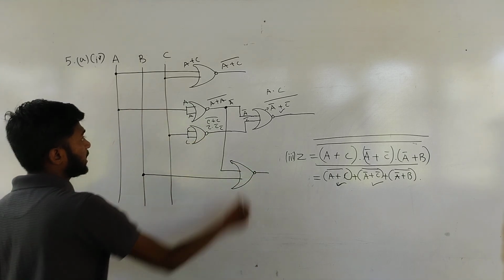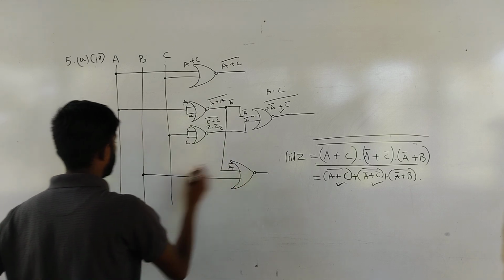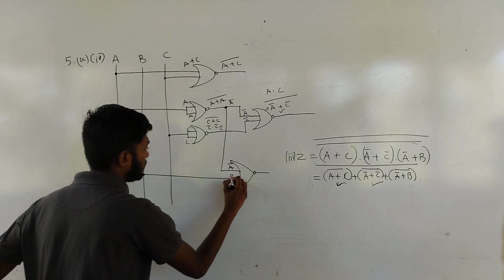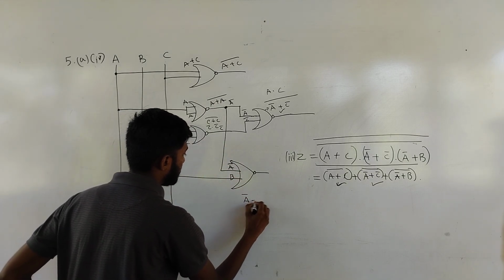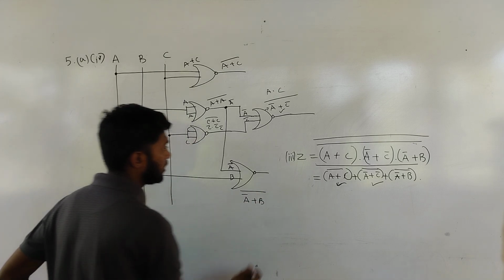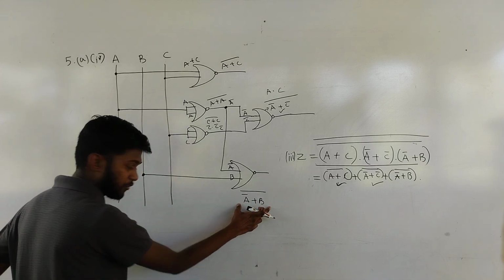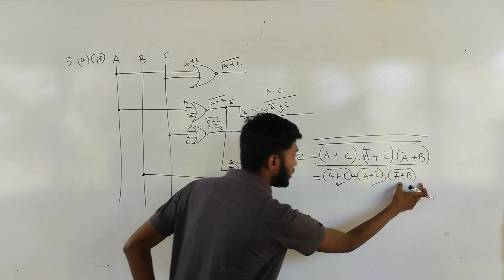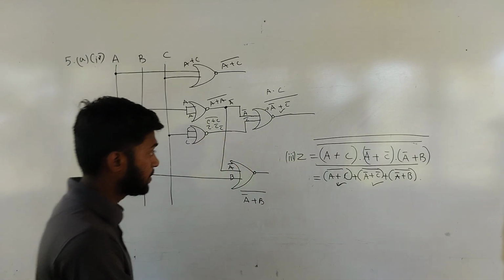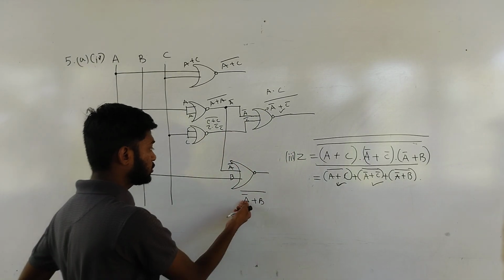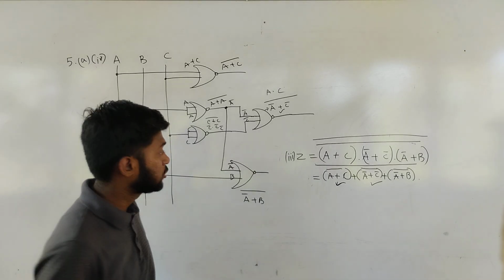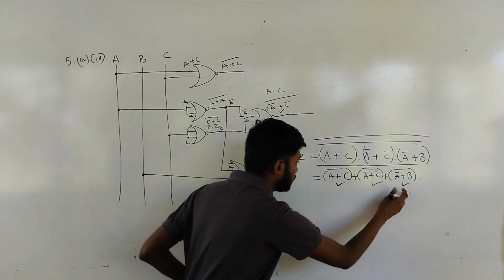Then what is happening? Here A bar is coming. Here you can see B is coming. So A bar plus B whole thing bar. See, here also we are getting the same answer. Here also we got the same answer. A bar plus B whole thing bar. Here also A bar plus B whole thing bar. So see, we have now achieved all these three here.